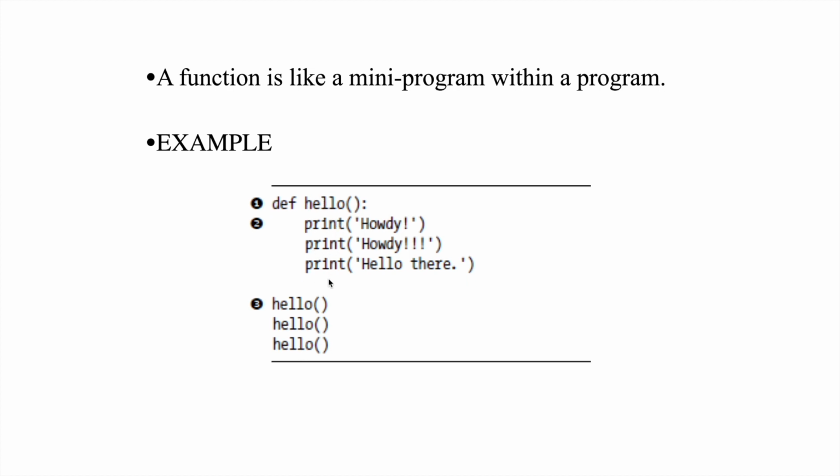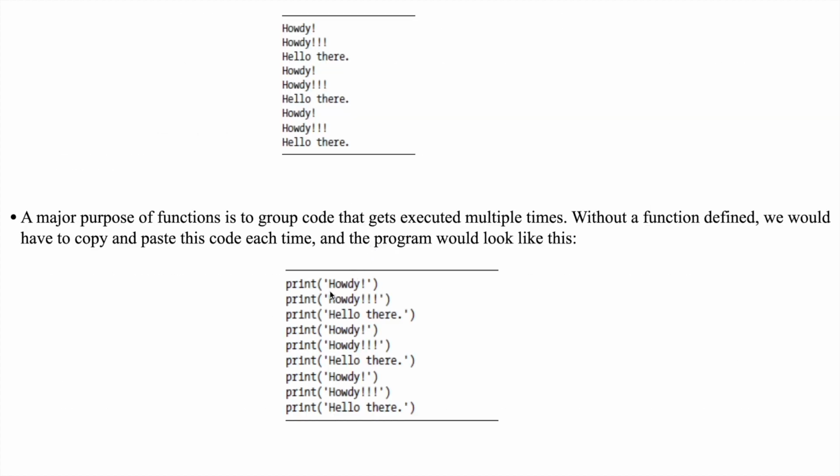But if you do the same task without a function, see how many print statements you need. You need a total of 9 print statements. Instead of using a function, without a function you need 9 print statements.